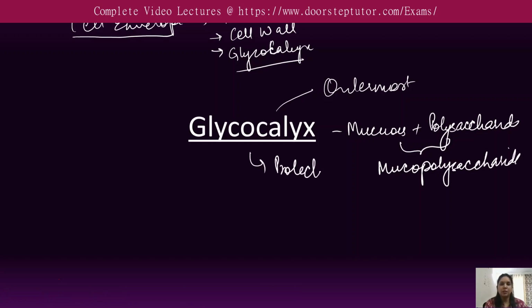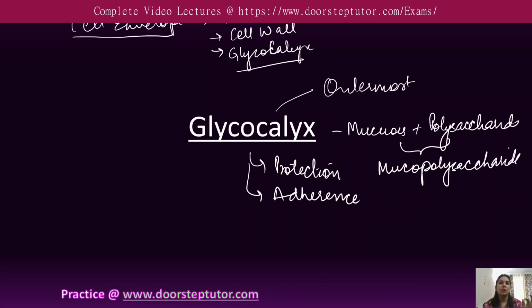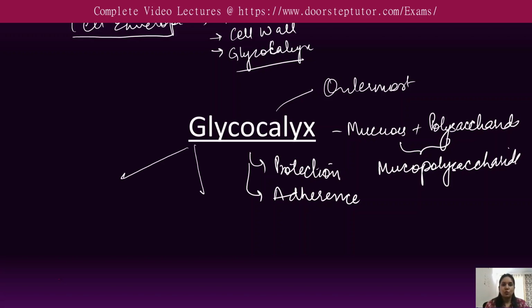That is, it helps protect the bacterial cell against the host immune system, as well as helping provide adherence to a particular surface. And the glycocalyx exists in two forms.